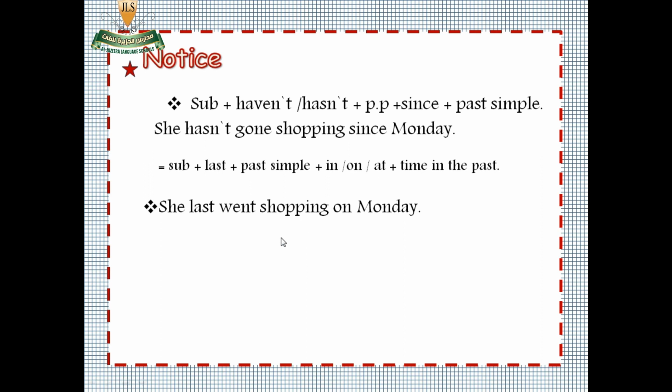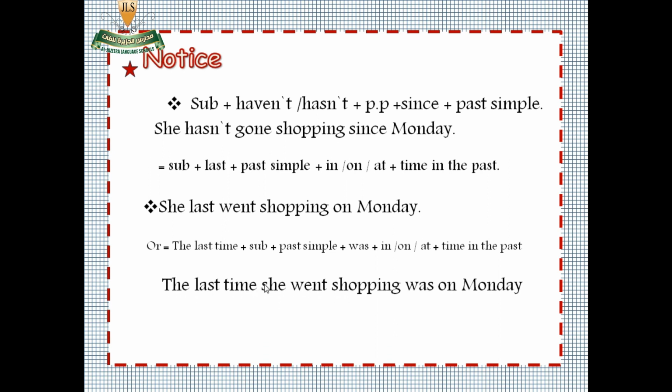Or the last time plus subject plus past simple was in, on, at plus time in the past. The last time she went shopping was on Monday. There is no difference here.